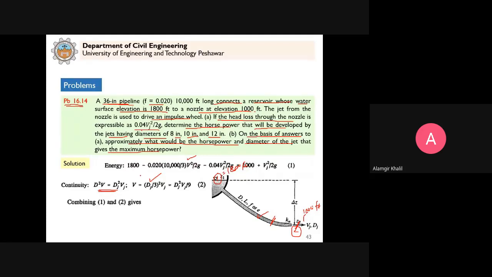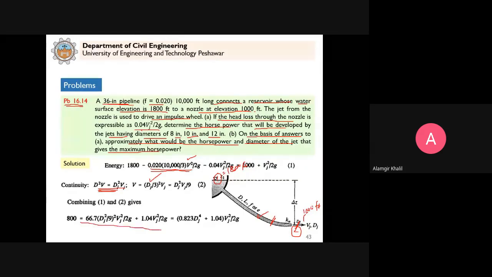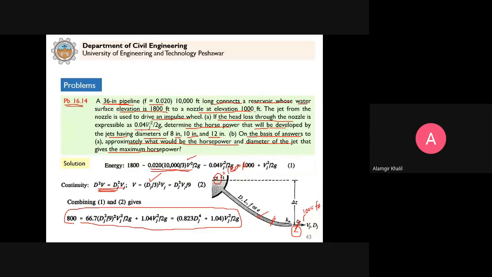So when you combine these two, the energy equation, this is the friction loss, Darcy-Weisbach formula, clear? And the continuity equation, when you combine the two, we get this equation. Now in this equation, we have velocity of jet and we have the diameter of jet.